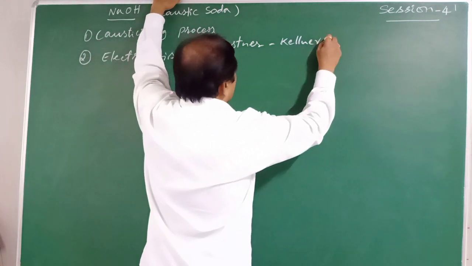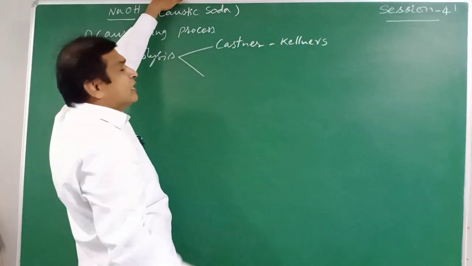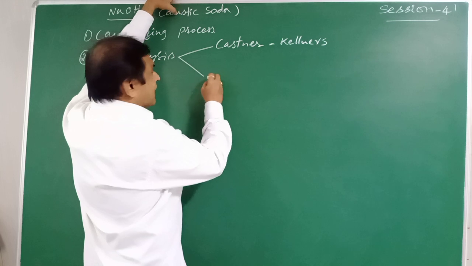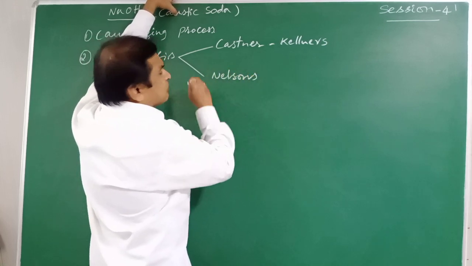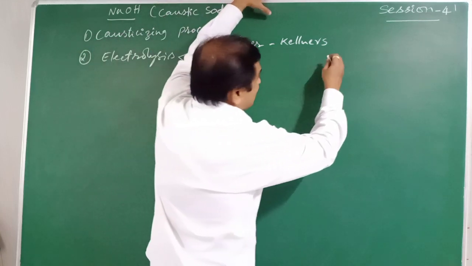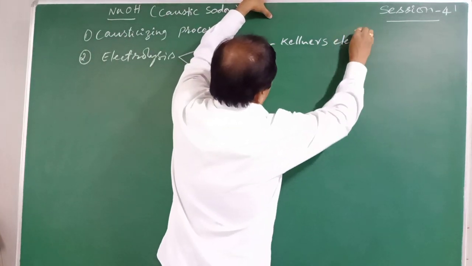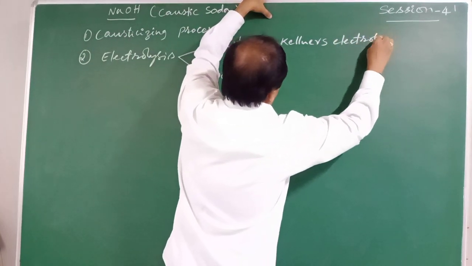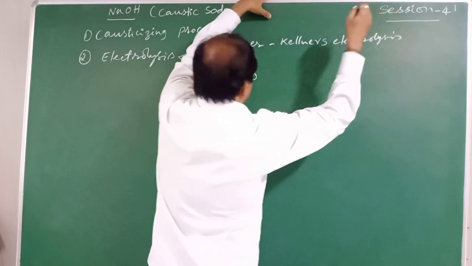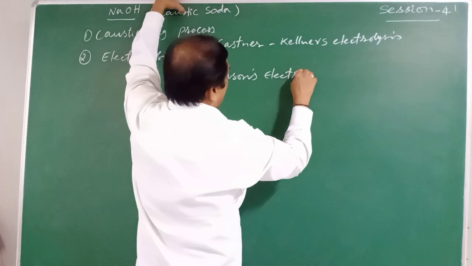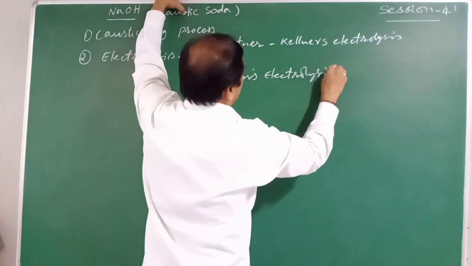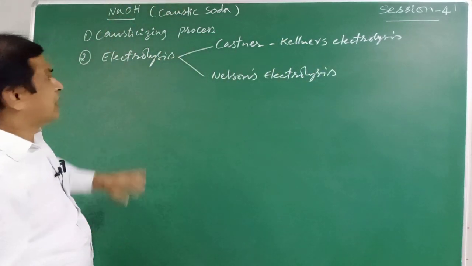Kastner and Kellner's electrolysis method, and the second method is called Nelson's electrolysis method. Both are electrolysis methods.